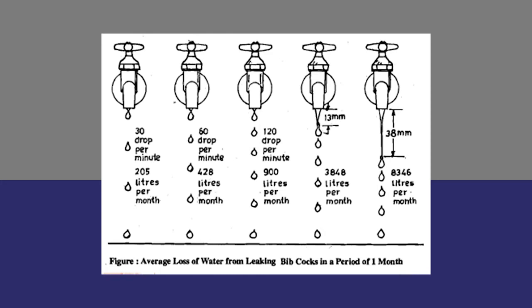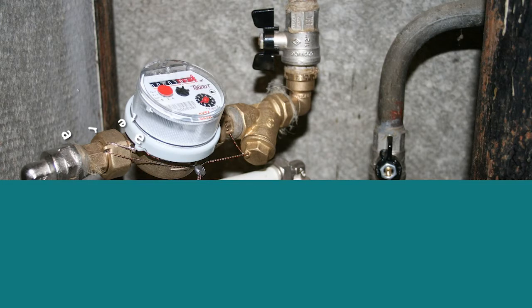In the fourth picture, there is a continuous stream of water drops, with a length of 30 mm, and 3848 liters per month of water is lost. In the fifth picture, there is continuous leaking of water from this bibcock tap, and the water loss is 8346 liters per month.